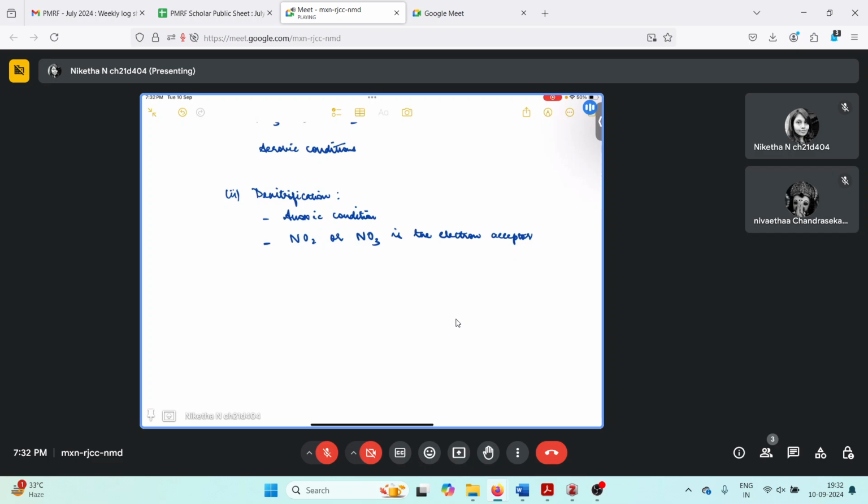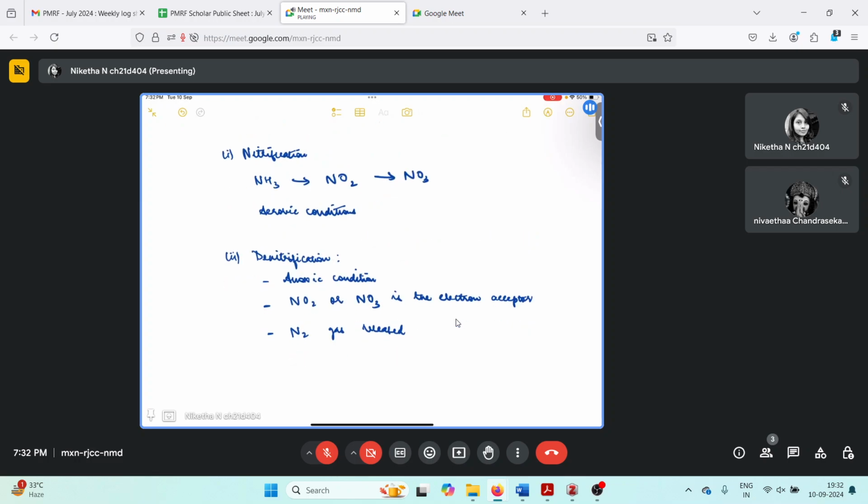Nitrite or nitrate will get reduced, and the organics will get oxidized. And in this process, nitrogen gas is released.